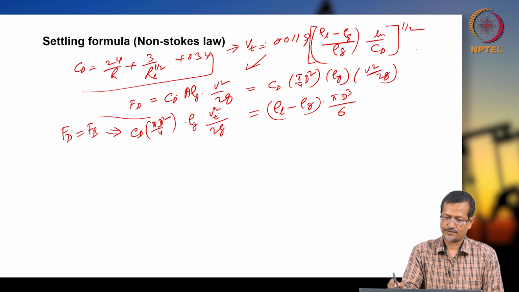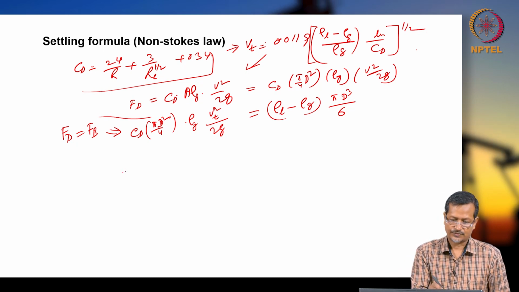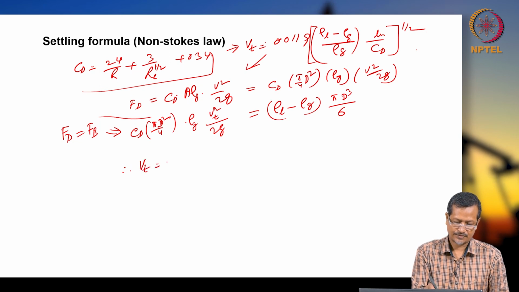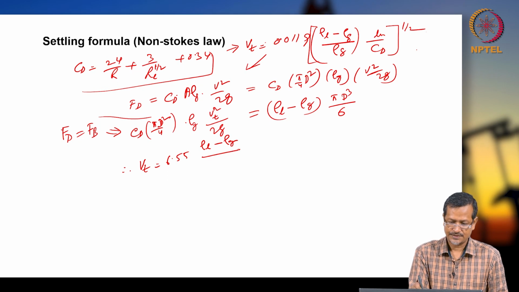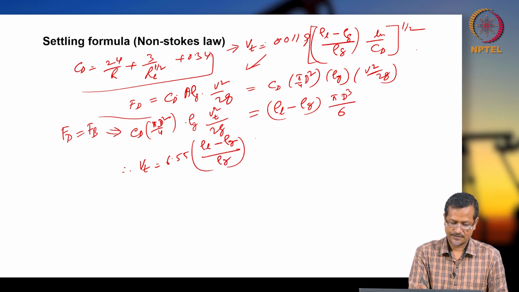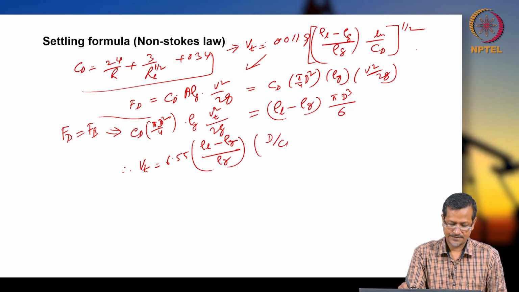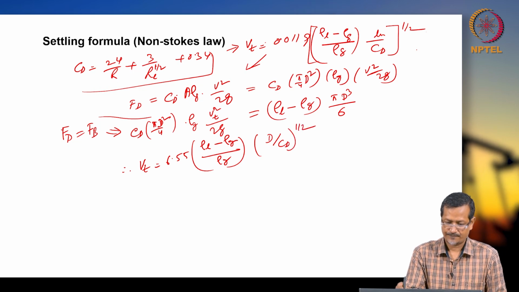In the previous lecture slide we have seen pi d cube by 6 is the volume. Okay, so therefore Vt becomes 6.55 rho L minus rho G, d by CD, to the power half.